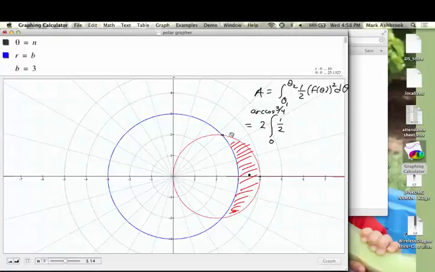Would it be just this moon shape? No. It'd be more. This would be the boundary here, and then you have this boundary here, and it would be all of this, because it doesn't know that this boundary is here. And if we just did r equals 3, it would be all of this.